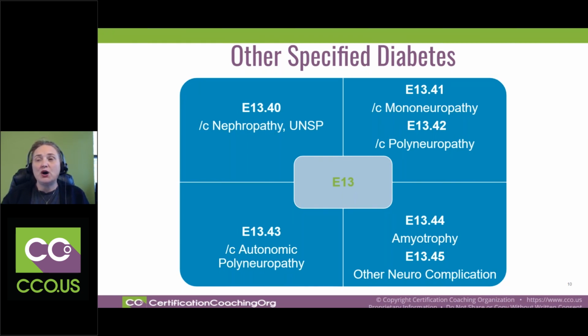Now, if you don't know the difference between mono and polyneuropathy and autonomic polyneuropathy, it would be a good idea to go look those up. If you understand root words, prefixes and suffixes, you can pretty well make that out. Mono means one, poly means multiple, autonomic, auto means from yourself. And then there's another .44 amyotrophy, and then .49 is other neural complications. In other words, we don't have a code for it yet.